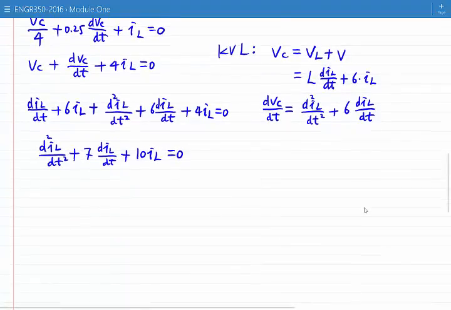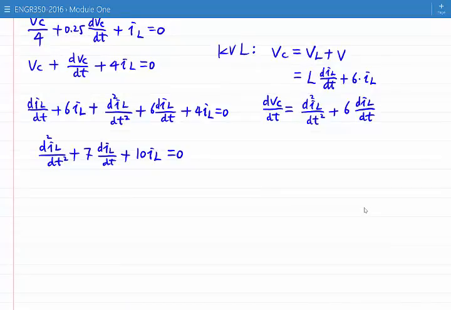So this gives us the homogeneous solution of our second order circuit. We need to find the characteristic equation of this second order ODE. The characteristic equation is very easy: we replace dIL over dt by s. So s squared plus 7s plus 10 is equal to 0.